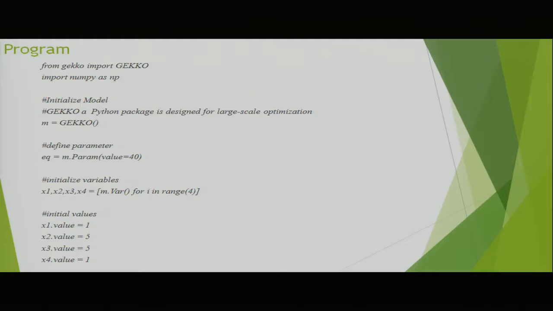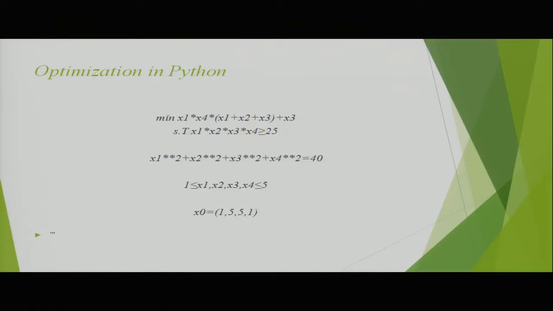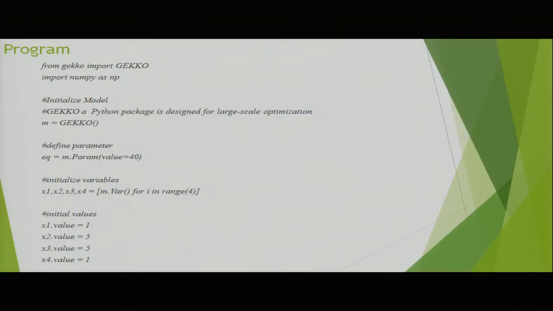So now what are they doing there? m is equal to GEKKO. That means they are creating an object, and then they are defining the parameter, the value is equal to 40. Why is that 40? You can see that x1 squared plus x2 squared and so on, that's one of the constraints, that's equal to 40.